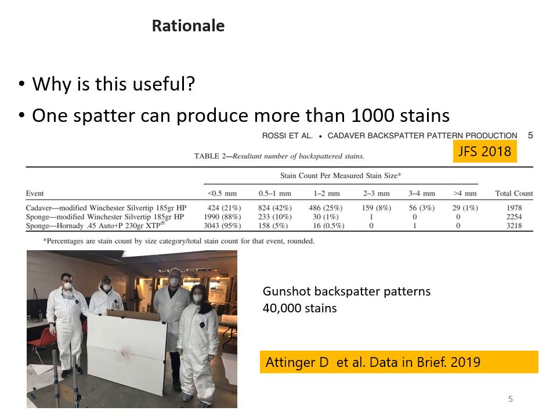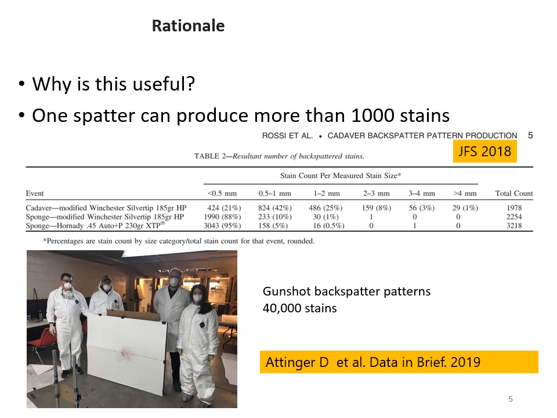And here is some work by Rossi in 2018, JFS, where they counted, in a semi-automatic way, up to 3,000 stains per spatter. They were producing backspatter by shooting with a rifle at a sponge filled with blood, and even a cadaver that they would religiously refill with blood.